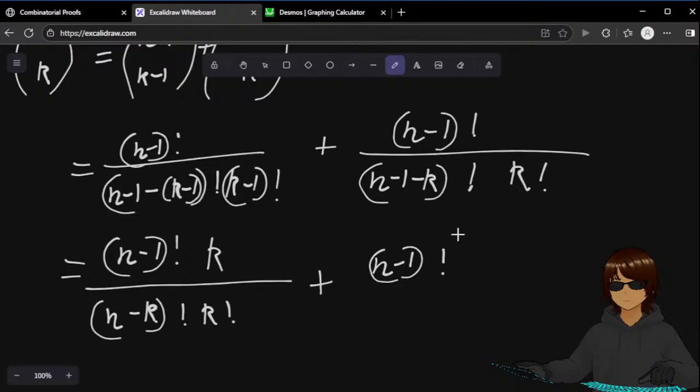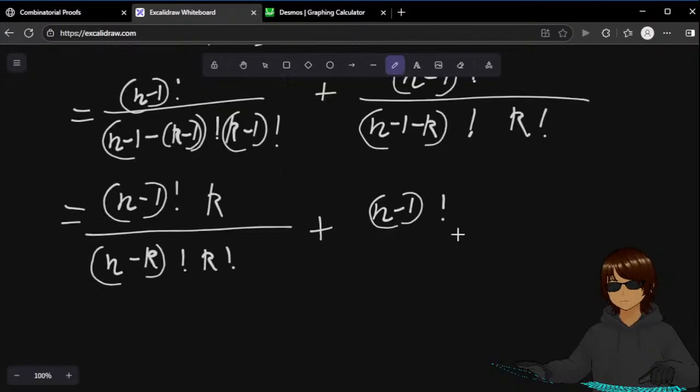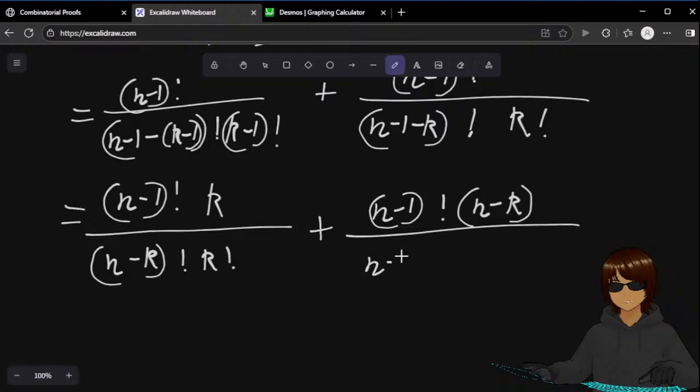Let me think. I can write n minus k on top and then n minus k factorial, k factorial. Writing this on top because then n minus k would cancel out and we would be left with n minus k minus 1 factorial.